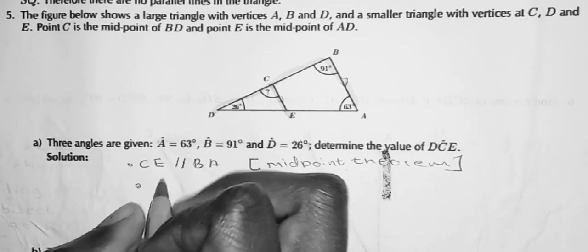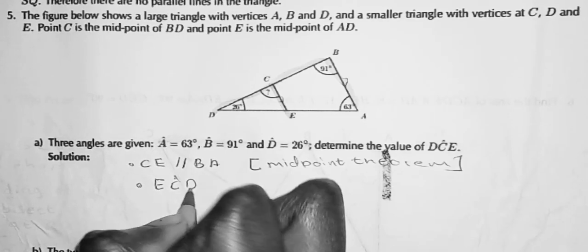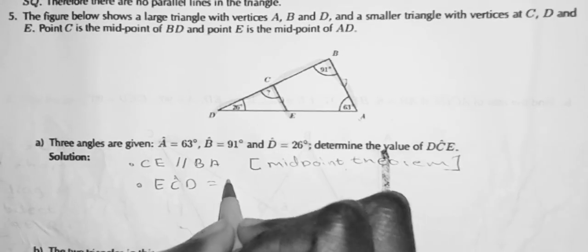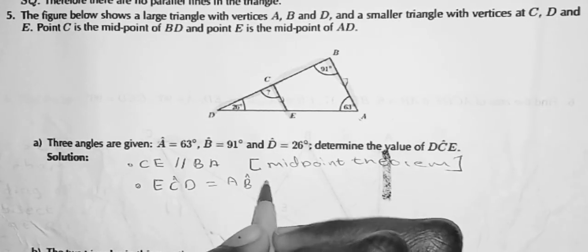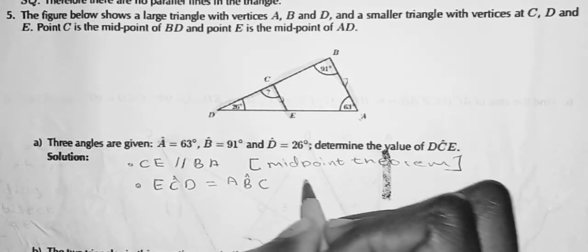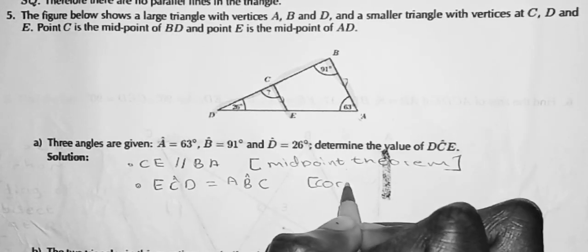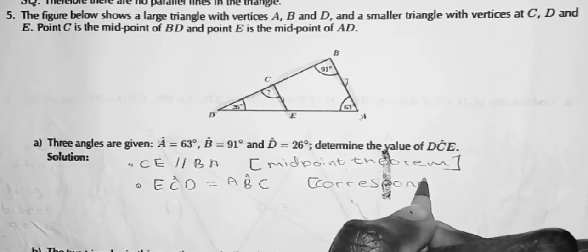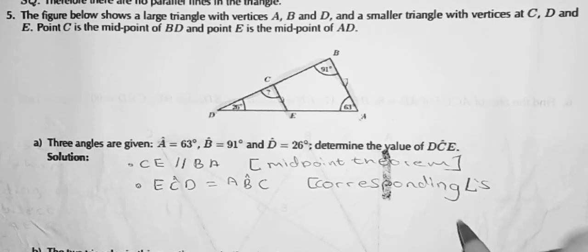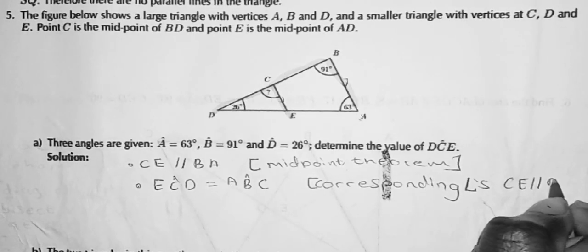Then you're going to say ECD is equal to ABC, and the reason is corresponding angles. The reason will be CE is parallel to BA.